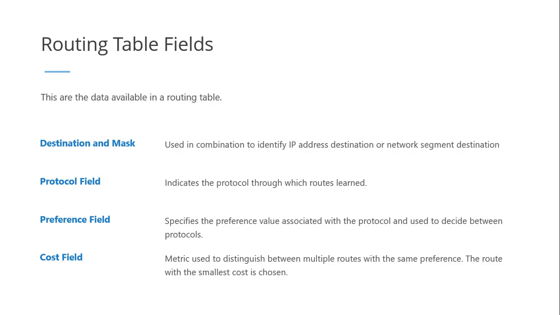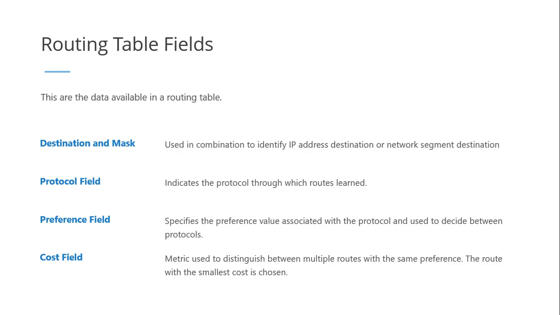Next, we have a preference field. The preference field assigns a value associated with a specific protocol. So for instance, there is a single route, and we can use two different protocols in sending that packet. Whichever has the more preferred preference value is the one to be used.